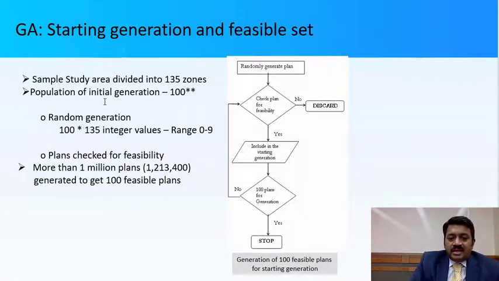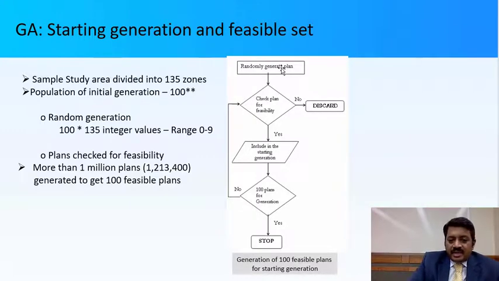So first, the starting generation needs to be created for the genetic algorithm. So how is the feasible set created for this? In order for a plan or a genotype to be considered as feasible, it needs to satisfy some minimum criteria, such as a basic threshold of green space and a minimum number of housing units and a basic threshold of public service space.